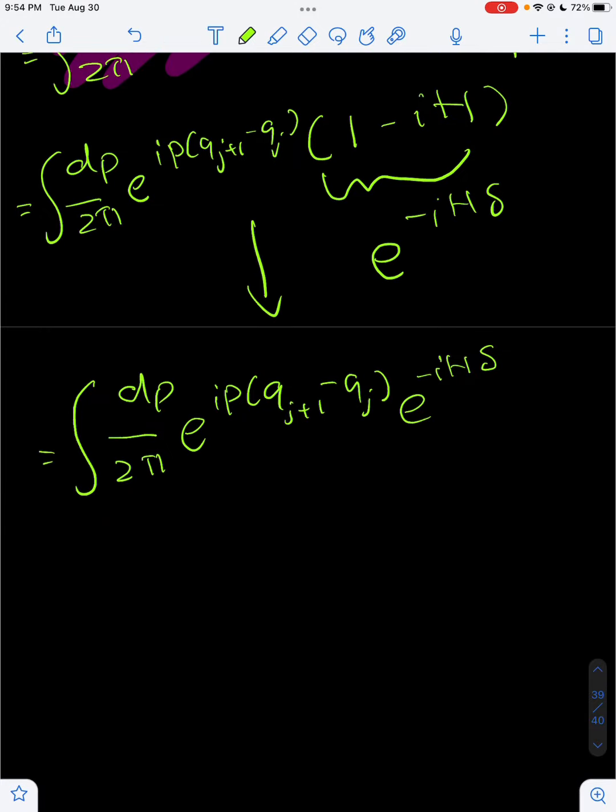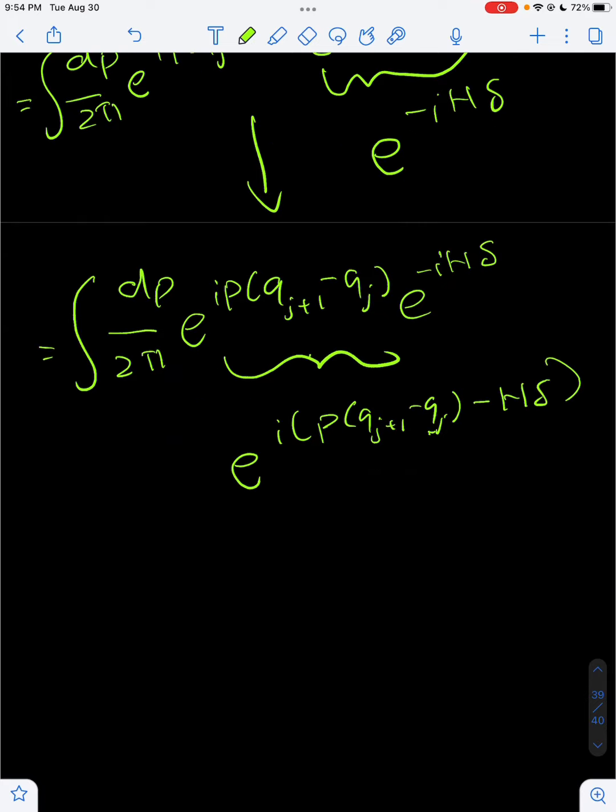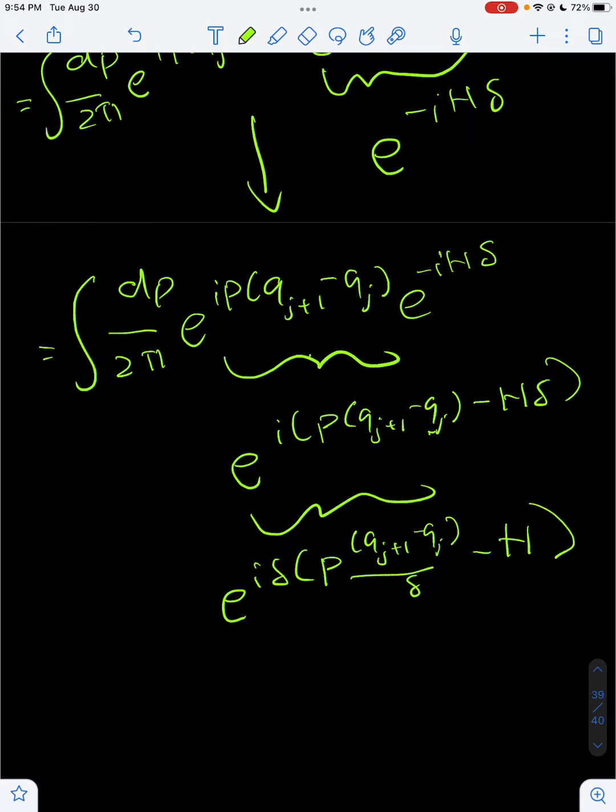We can just factor out, I'm not going to write this whole thing again, the i to get p times (qj plus 1 minus qj), and then minus h delta. We can then factor out the i delta to get p times (qj plus 1 minus qj) over delta, minus h.